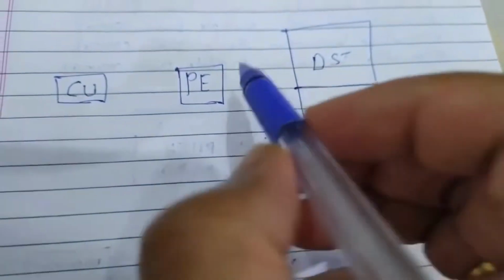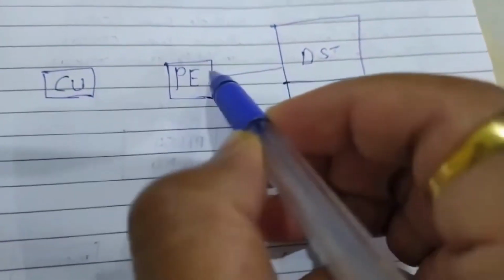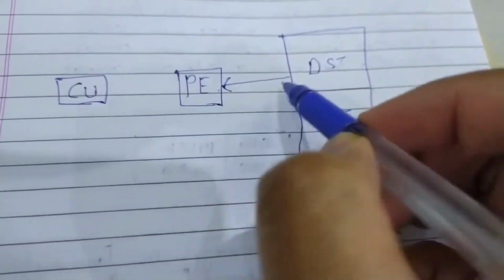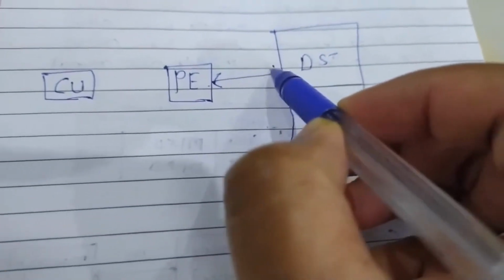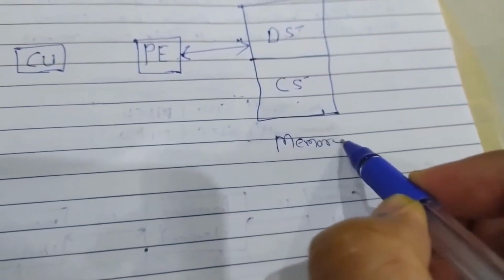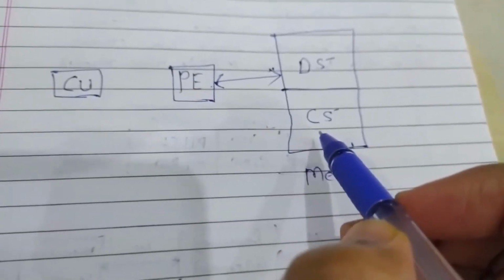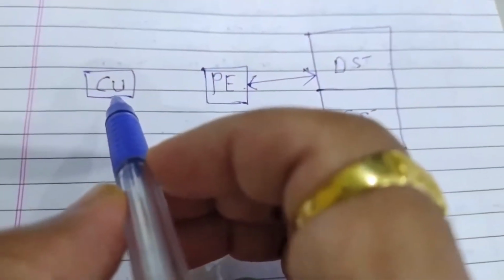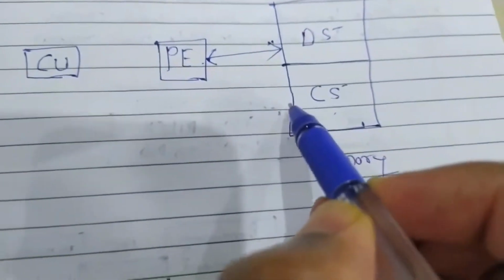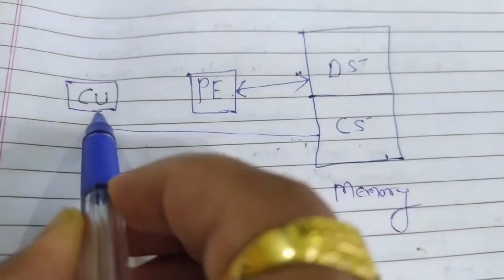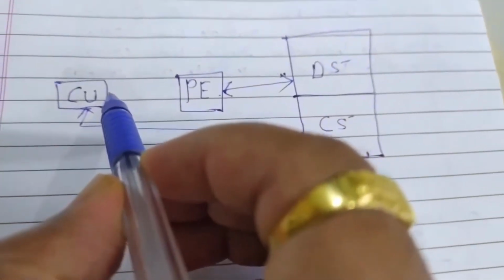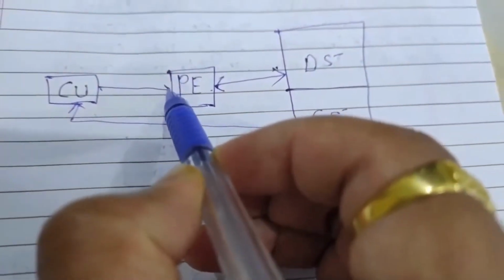So from the data section, data is given to the processing element. The processing element will do some operation and the output will be returned back to the memory. In the same way, the control unit takes instructions from the code section, and from the control unit that instruction is given to the processing element.